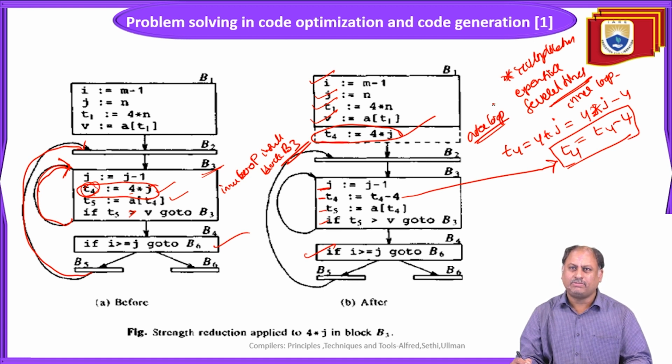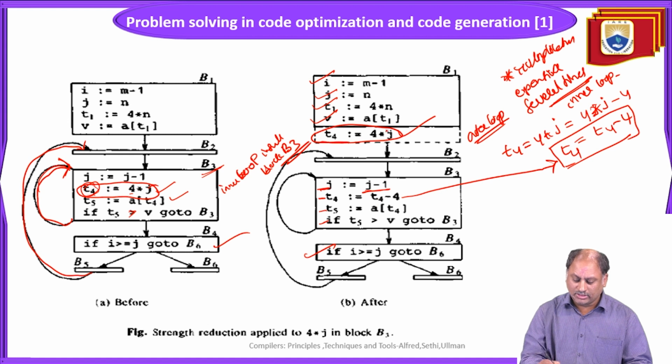So that's why the star is an expensive operation. Instead of performing that many computations, we simply keep it outside, and the result is stored in T4. Anyhow we are going to perform J minus 1. The 4 star J which we previously computed is taken as T4, and T4 is used with the subtraction, J minus 1 and T4 minus 4, so that we can get rid of the problems inside the inner loop.